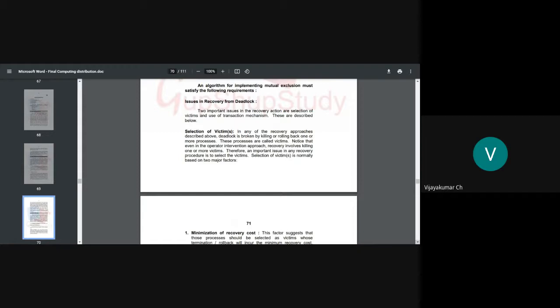In any of the recovery approaches, deadlock is broken by killing or rolling back one or more processes. What is meant by deadlock?